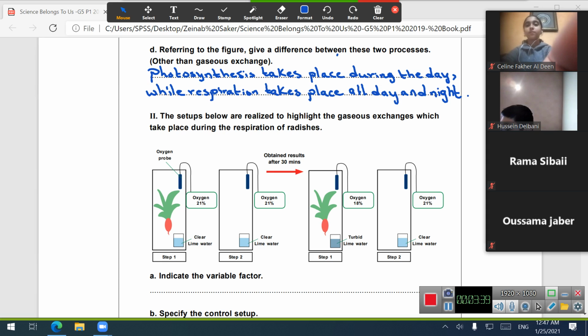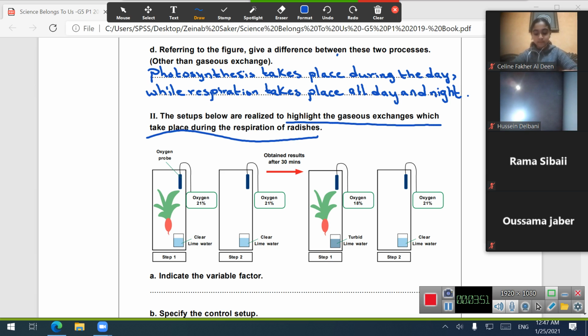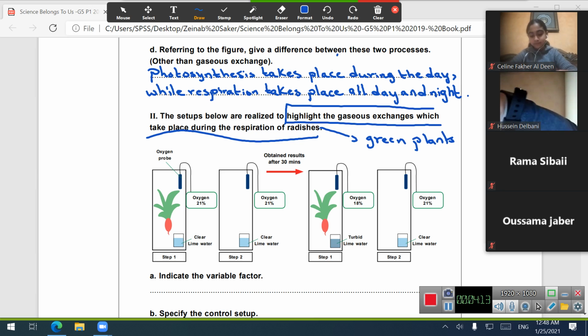The setups below are realized to highlight the gaseous exchanges which take place during the respiration of radish. We know that radishes are green plants, and as we know, green plants can make both processes.